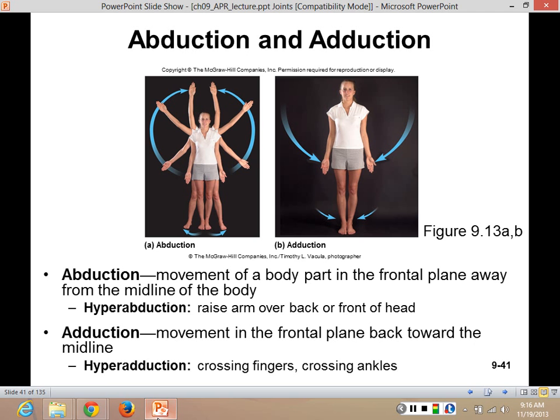Okay, somebody else come up here. There's one more movement I need to do. Simone, you guys can do it. I have faith in you. Do lateral flexion of the trunk.